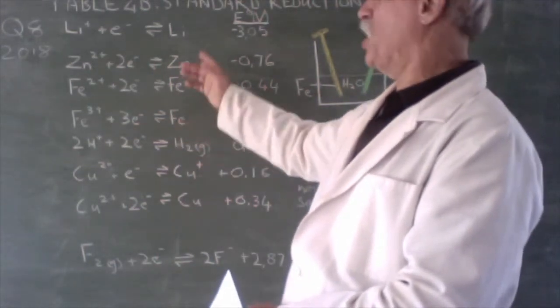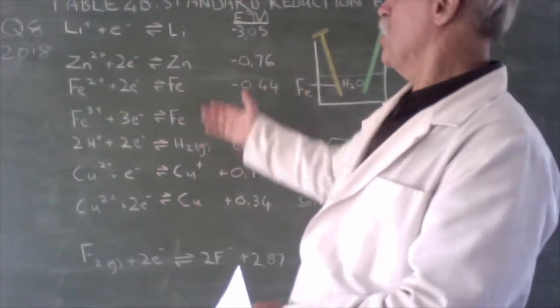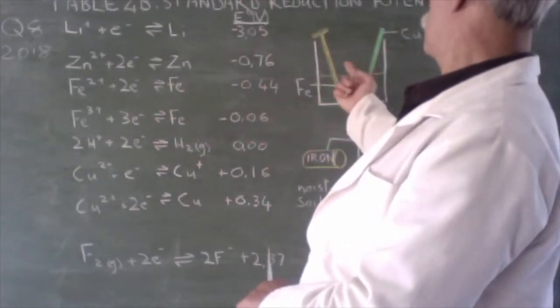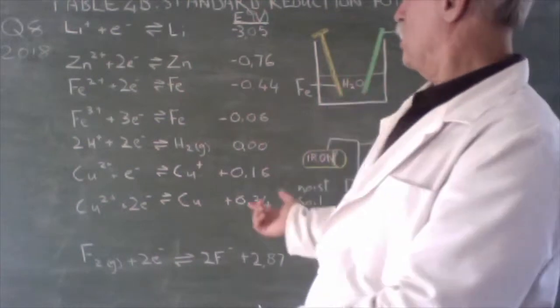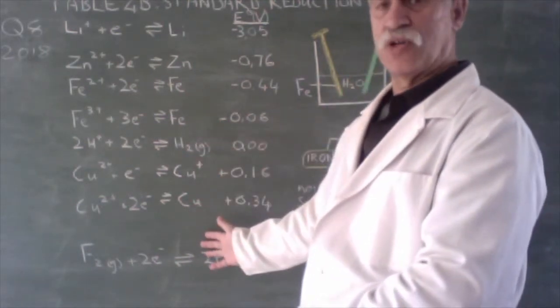Which of these here is going to want to fall apart, give away its electrons, in other words, be oxidized, the most? So now we're supposed to go to this table and find the two elements involved on the table. So here's copper, but unfortunately there's 3 coppers on the table.